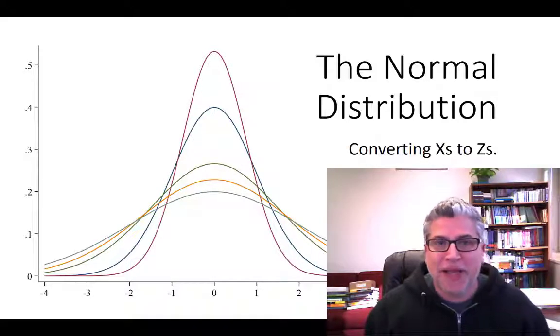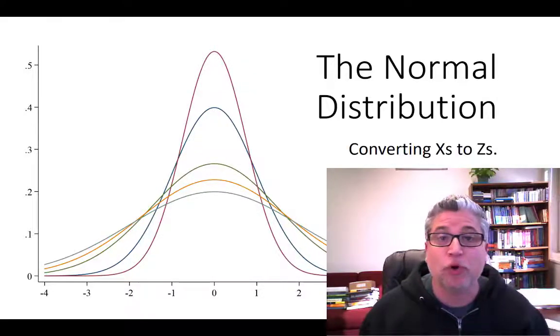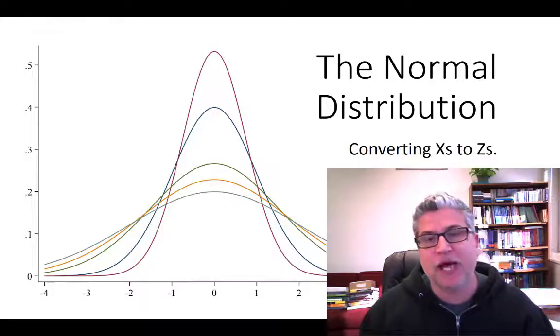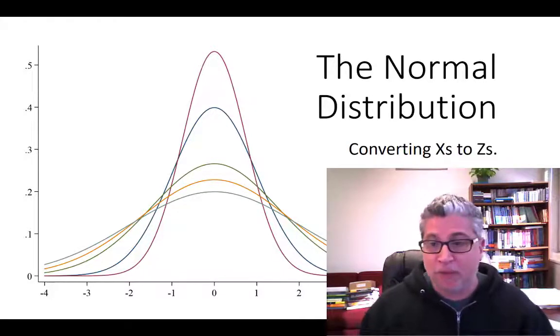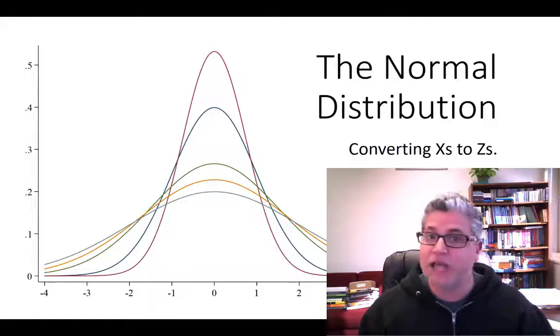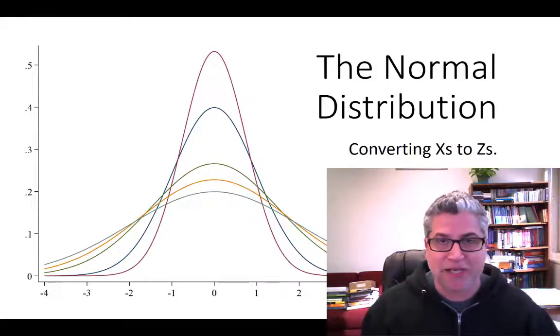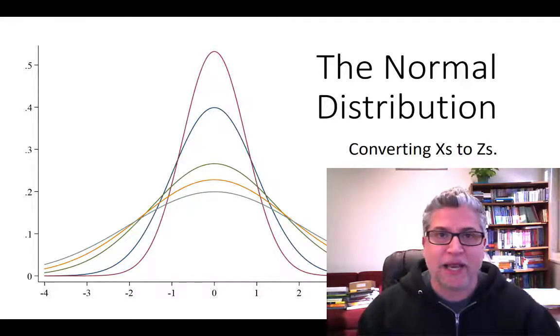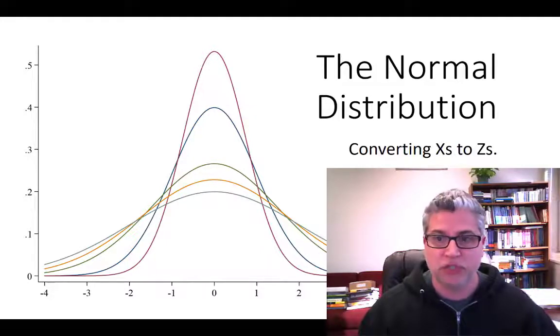Hey you guys, welcome back as we continue to talk about the normal distribution. Now, you've probably spent a good bit of time calculating probabilities from standard normals and non-standard normals, from x's and z's. And for the next few minutes, I'd like to explain to you the relationship between these two distributions.